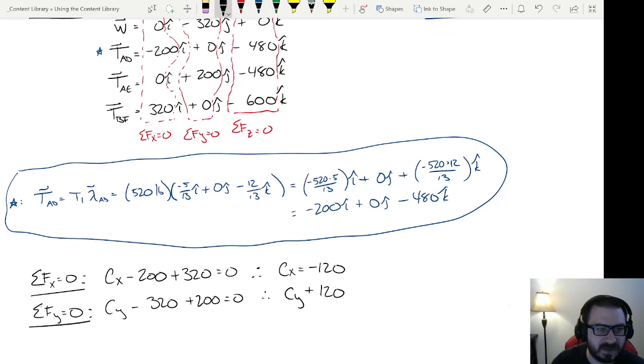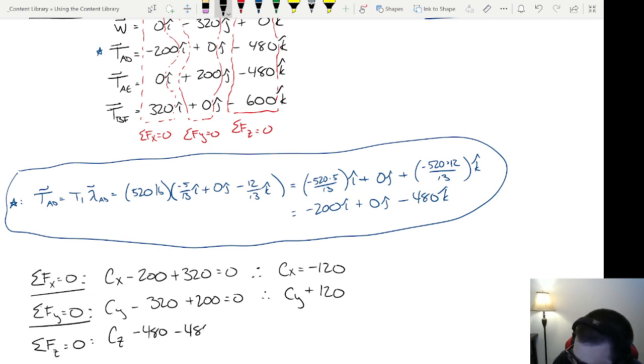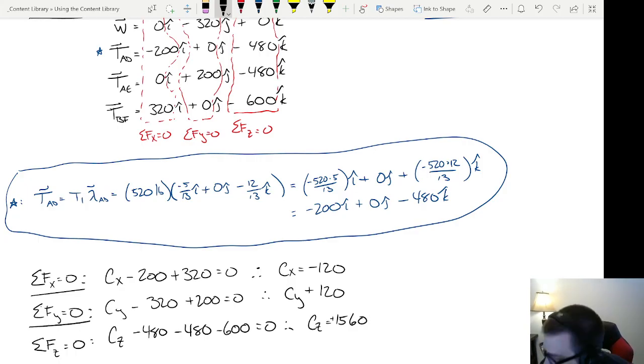And then if I sum forces in the z direction, so cz, what do we get? Minus 480 minus 480 minus 600 is 0. So 480 and 480 is 960, plus 600 is 1560. So cz is positive 1560. And so that's pretty much it.